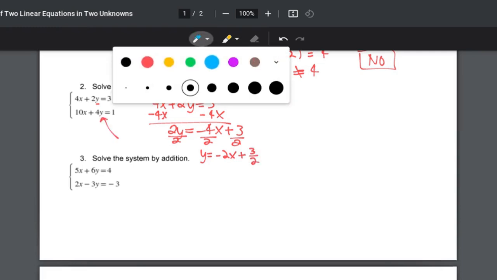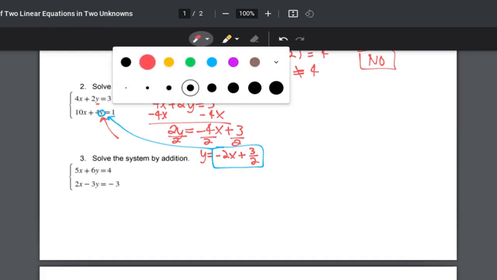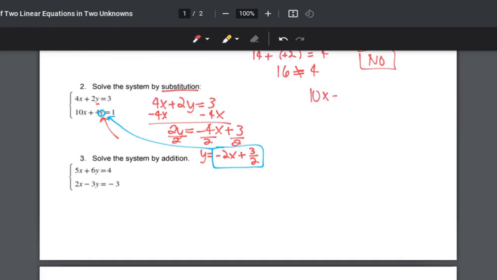So I'm going to take this expression, negative 2x plus 3 over 2, and put that in for the y in the second equation. All right, so we have 10x plus 4 times something equals 1. And I'm going to plug in negative 2x plus 3 over 2.